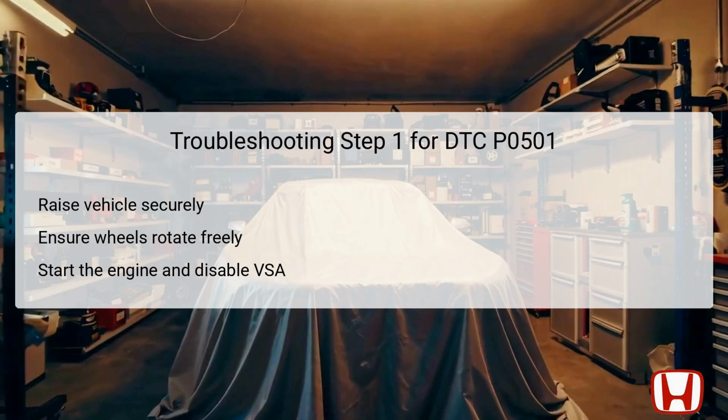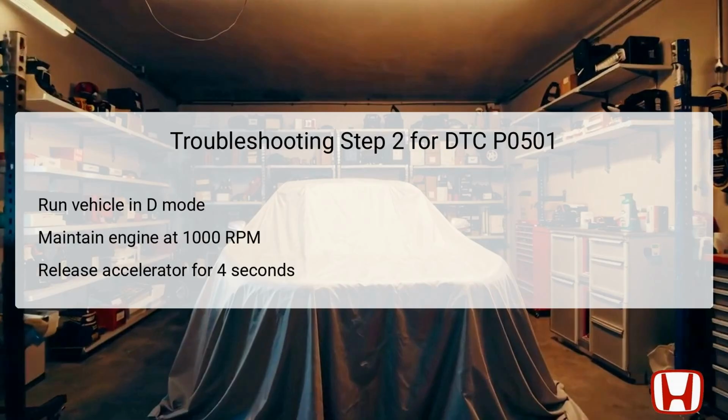This step is crucial, as it sets the stage for running the tests needed to evaluate the CVT speed sensor's performance. It's important to ensure that the vehicle is in a safe working condition before proceeding with diagnostic procedures, protecting both the technician and the vehicle components during the inspection.